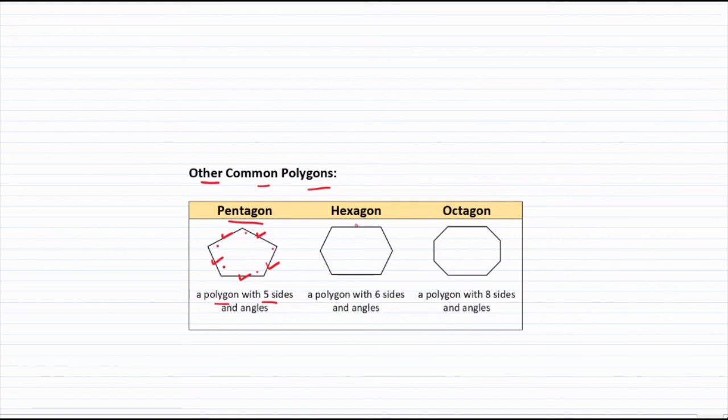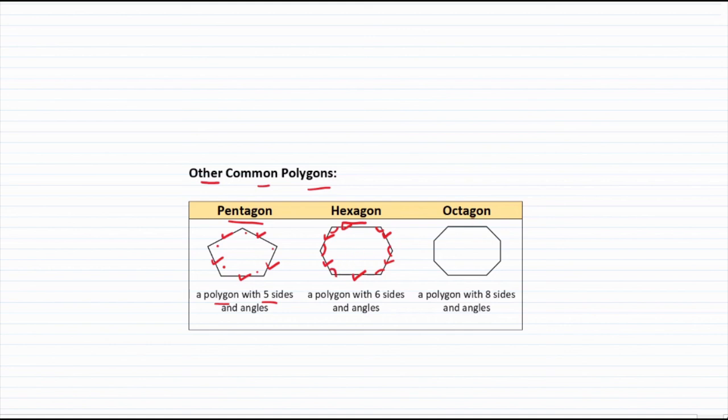The next one is a hexagon. From the name, it's clear to all of us that a hexagon is a polygon with 6 sides and angles. 1, 2, 3, 4, 5, 6, and at the same time it has 6 angles. 1, 2, 3, 4, 5, 6.